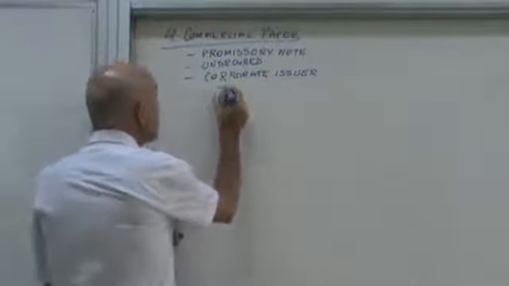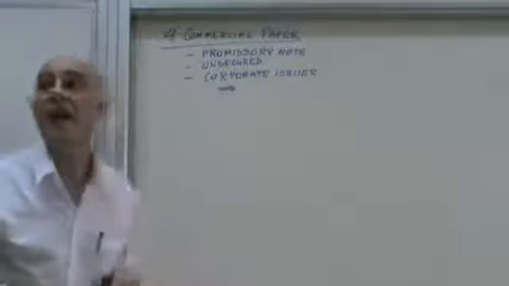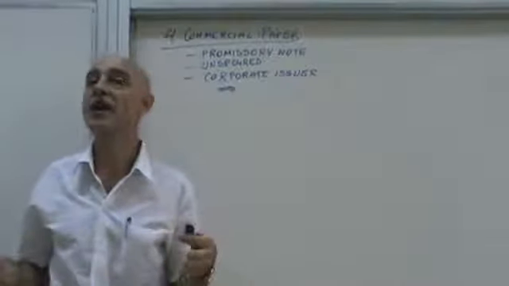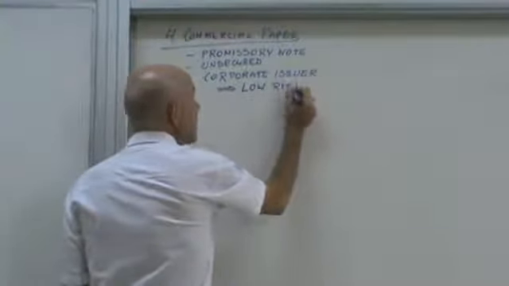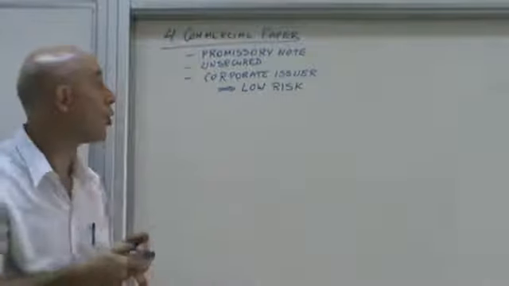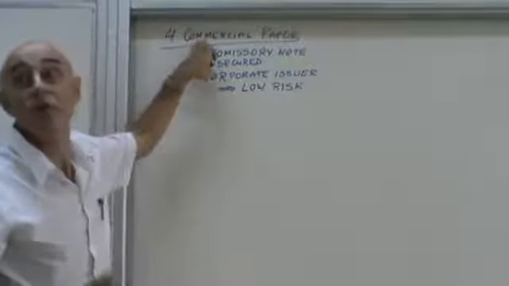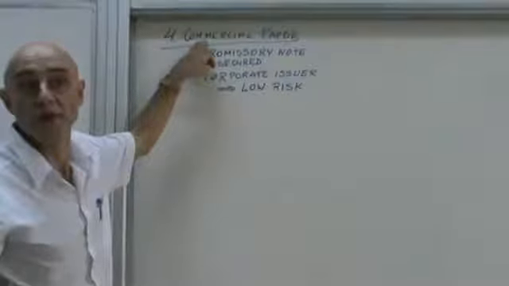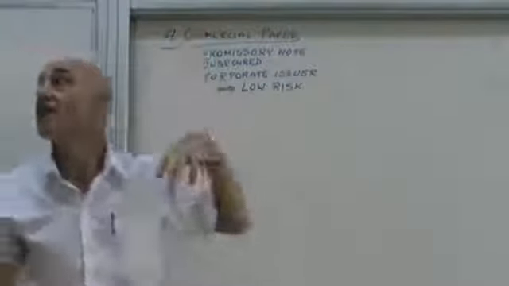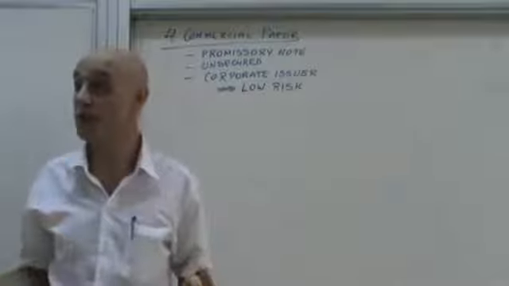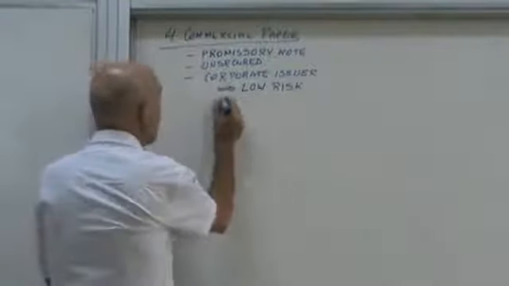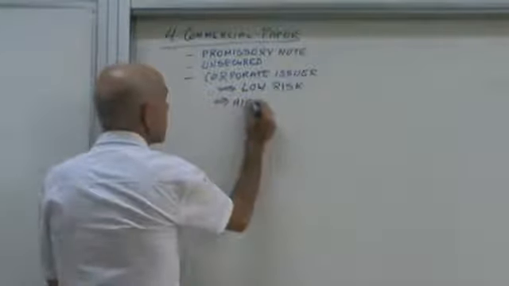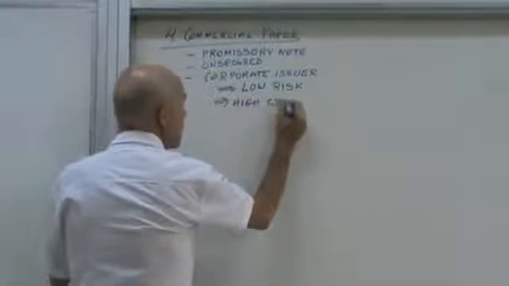The issuer itself will have high credit rating. We say that it's a low risk. In other words, only the best corporations are able to issue commercial paper. Only very famous, very reputable companies, we say good or high credit rating.